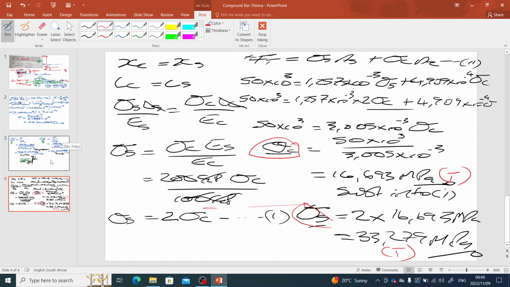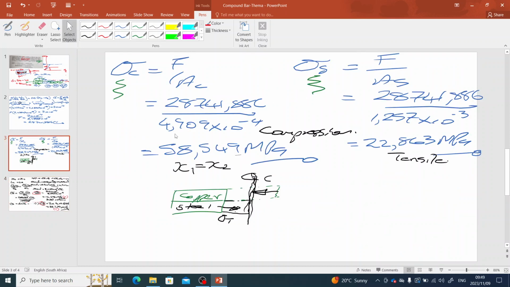Now, in calculating the resultant stresses, I will use this page.